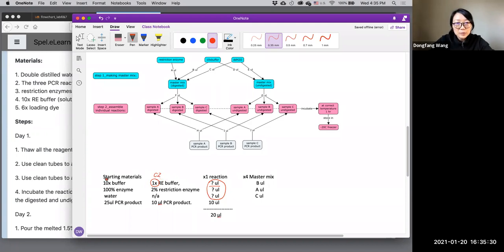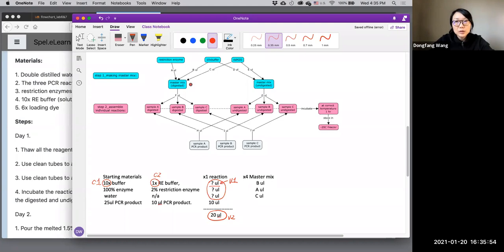The starting material is what we consider concentration 1. How much of it to use, this question mark right here, is the volume of the starting material, V1. The volume of the diluted solution, or the reaction, is our V2. So this is a C1V1 = C2V2 question, and you can repeat the step for the remaining ingredients.